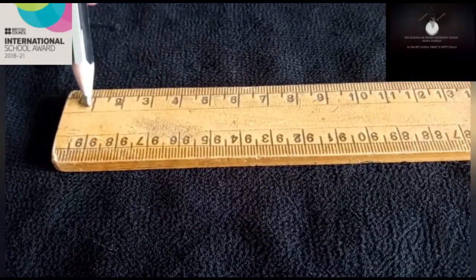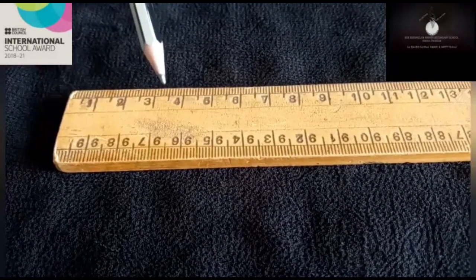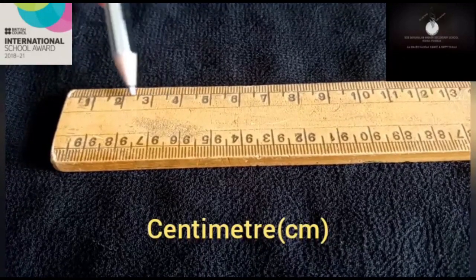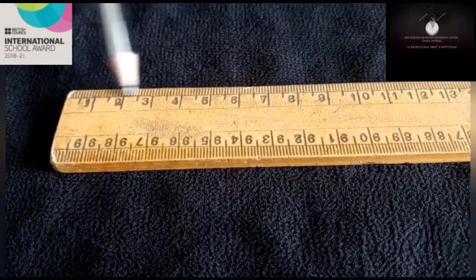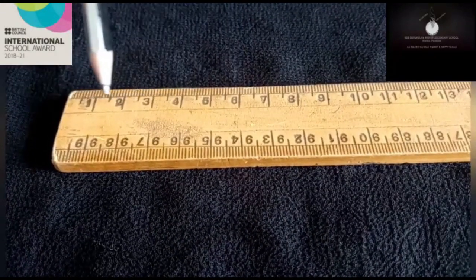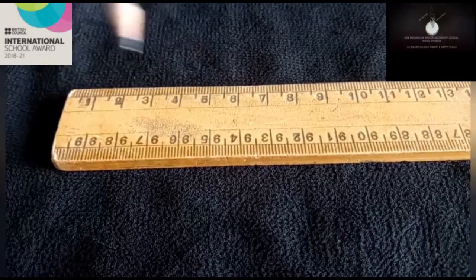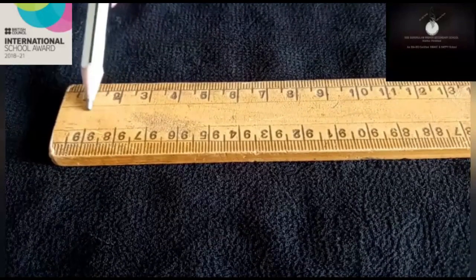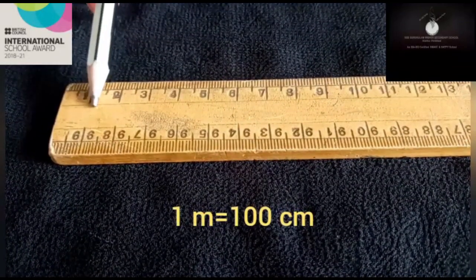Each division separated by these long lines is a centimeter. In the case of a meter scale, there are 100 such divisions, or 100 centimeter. So now it is clear that 1 meter is equal to 100 centimeter.